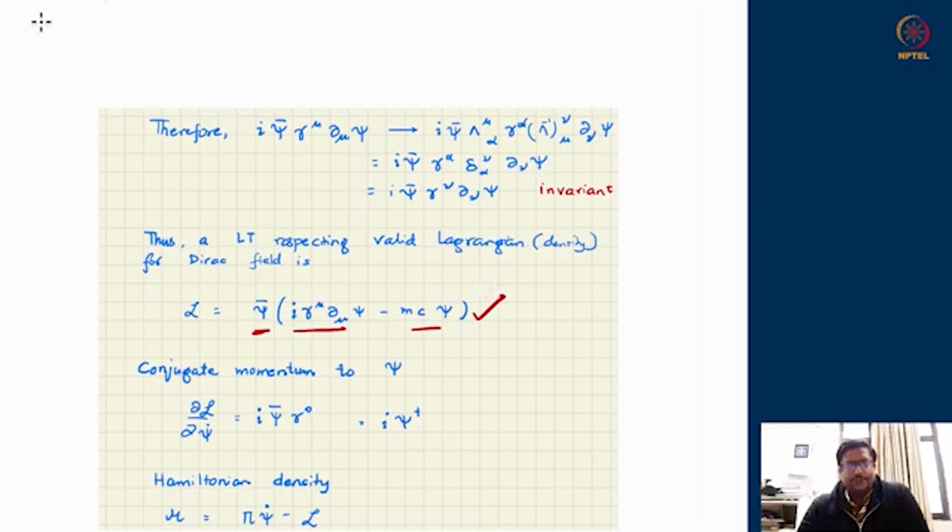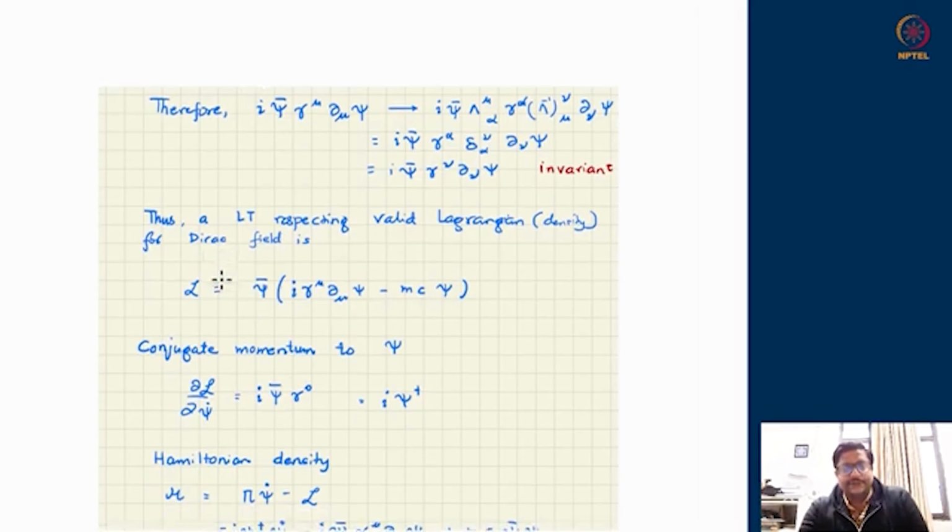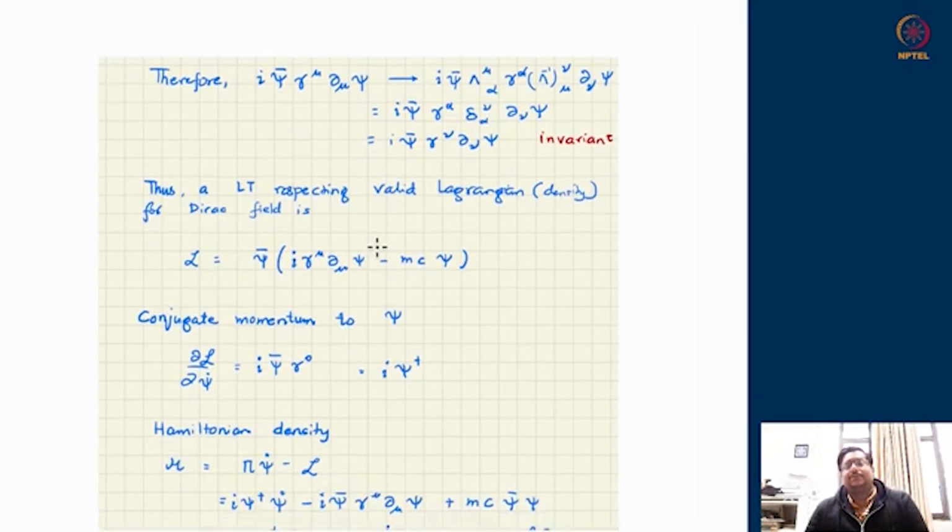Okay, so once we have a valid Lagrangian at hand, again we will do the similar exercise which we had done for the scalar field. First we will try to go to the phase space of this. So remember, in this case we have a complex field, not a real field. Psi, first of all, is a column matrix.